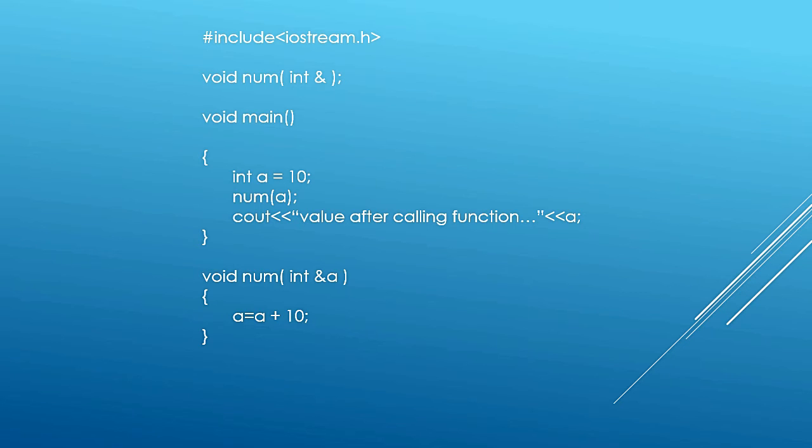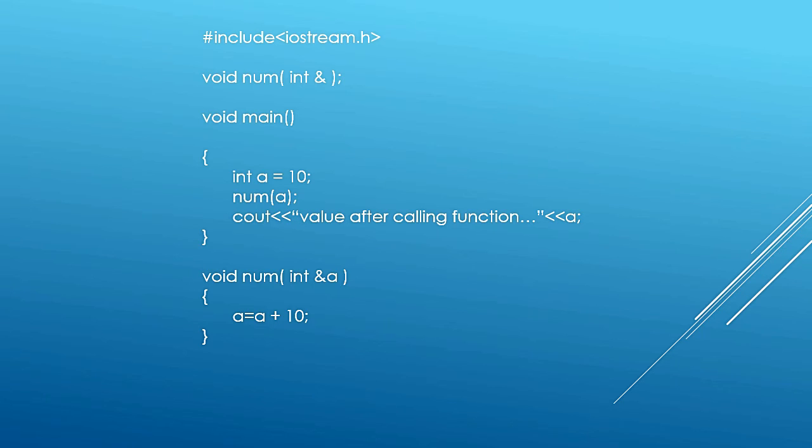So the question is, can I change the value stored in a with the function? Yes, you can. Keep one thing in your mind, passing address of a variable means any change made in it also reflects all over the program.